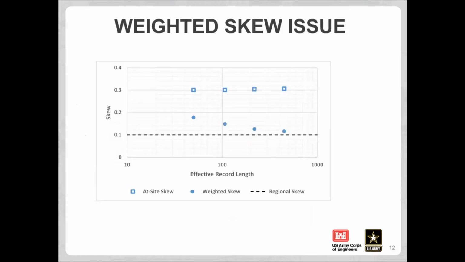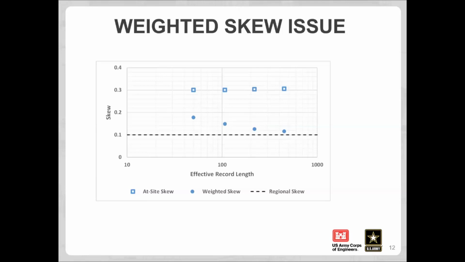So that's an example for real data. It's a little easier to visualize with some synthetic or hypothetical data. In this synthetic data, we can generate an experiment where the at-site skew estimate is a fixed value. Those are the open squares at the top there at about 0.3. In this hypothetical example, we assumed a regional skew value of 0.1.